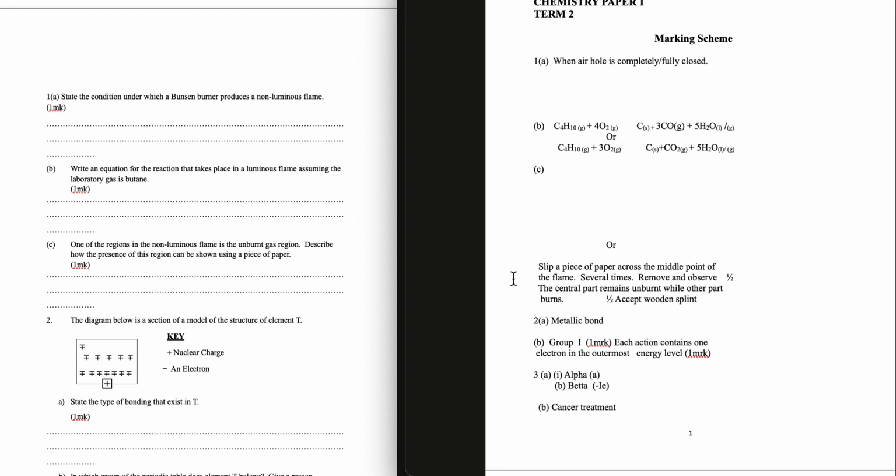Question 2a. The diagram below is a section of a model of the structure of element T. State the type of bonding that exists in T: metallic bond.